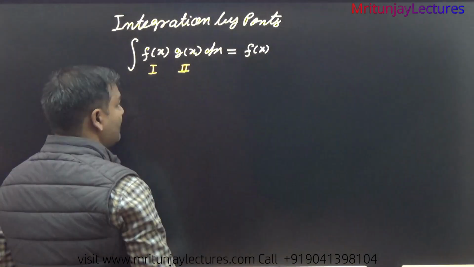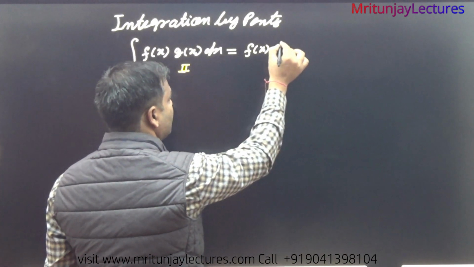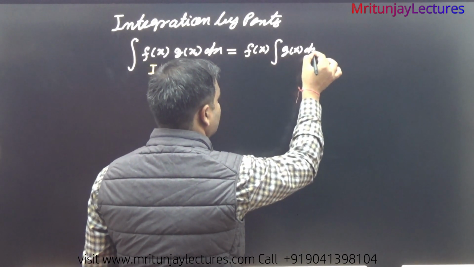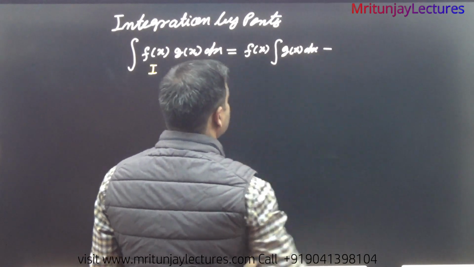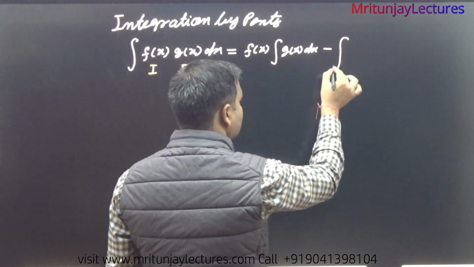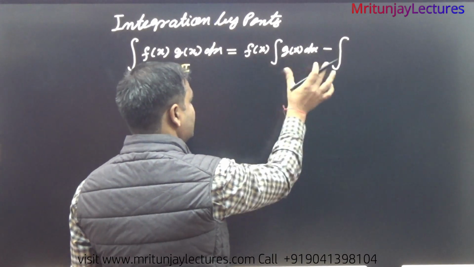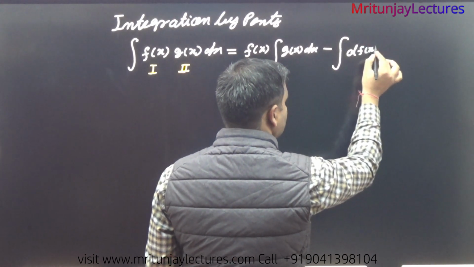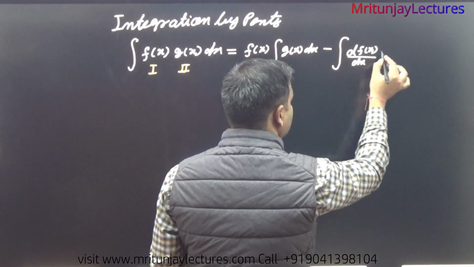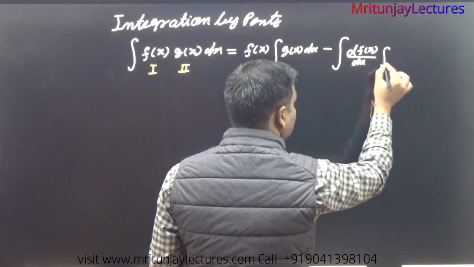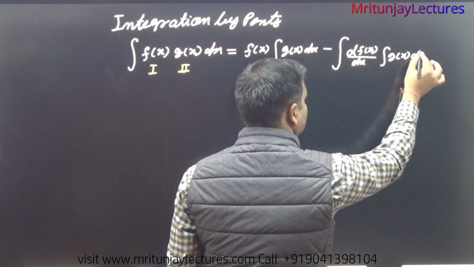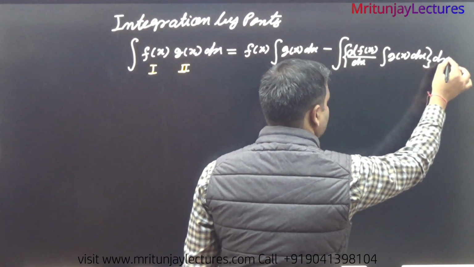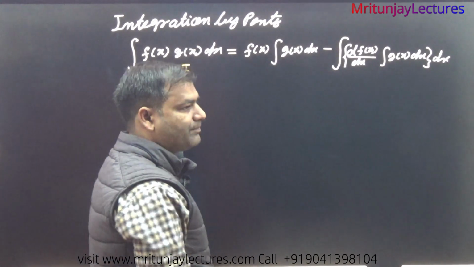So how can we memorize it: first into integration of second, that is g x dx, minus integration of the differentiation of f of x with respect to x, and that one is written g x dx, okay, and after that dx. This is the formula.